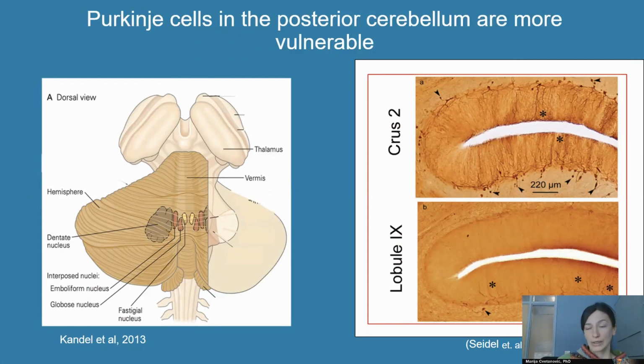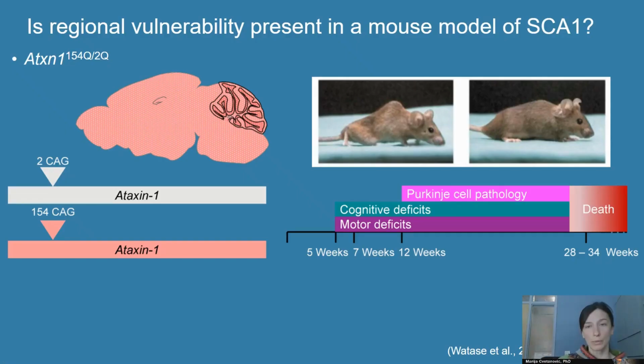The way we study disease and try to ask this causal question is by using mouse models. So the first question is, do these mouse models of disease that exist actually show regional vulnerability that's seen in patients? Because otherwise, if they don't, then we cannot study it in mouse models. The mouse model we decided to use is a knock-in mouse model called the Atxn1 154Q/2Q.